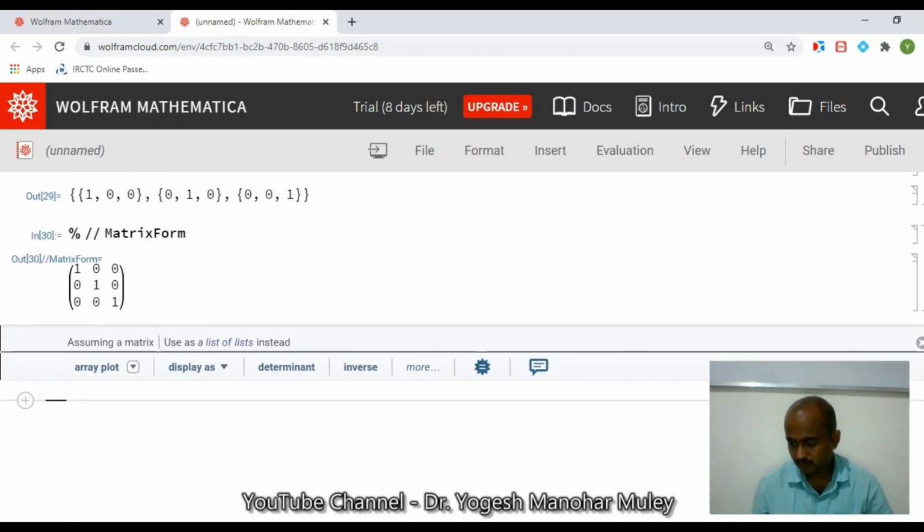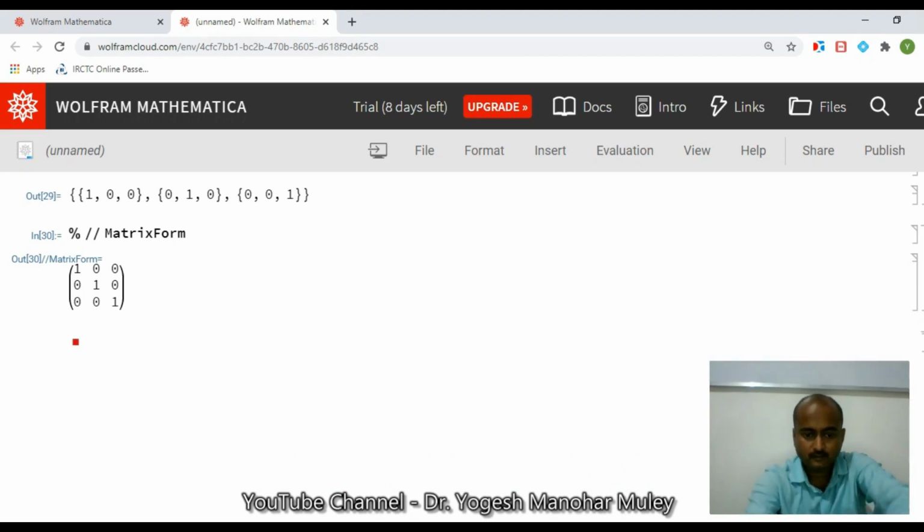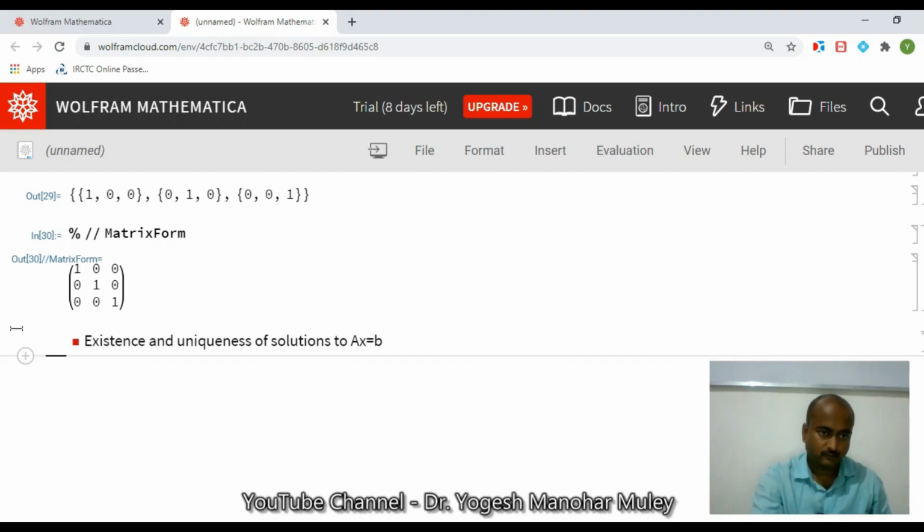Now we'll try to find out the existence and uniqueness of solutions to Ax equal to B. This means for a linear equation we are trying to find the solution.